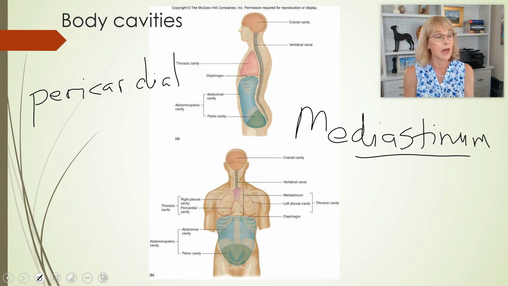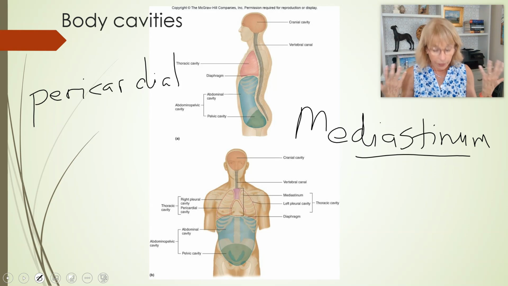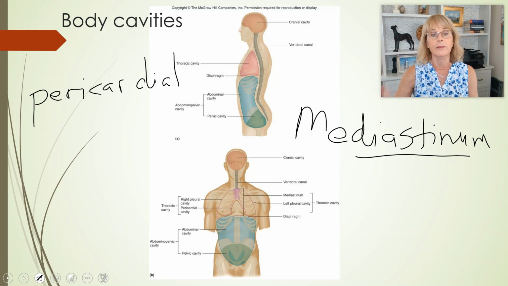So let's imagine there's a quiz question, and I ask you, where will I find the heart? And you're like, Dr. Tydell, what should I put? Should I put pericardial cavity? Mediastinum? Thoracic cavity? Well, you know it's not in the pleural cavity, because the only thing in a pleural cavity is a lung.